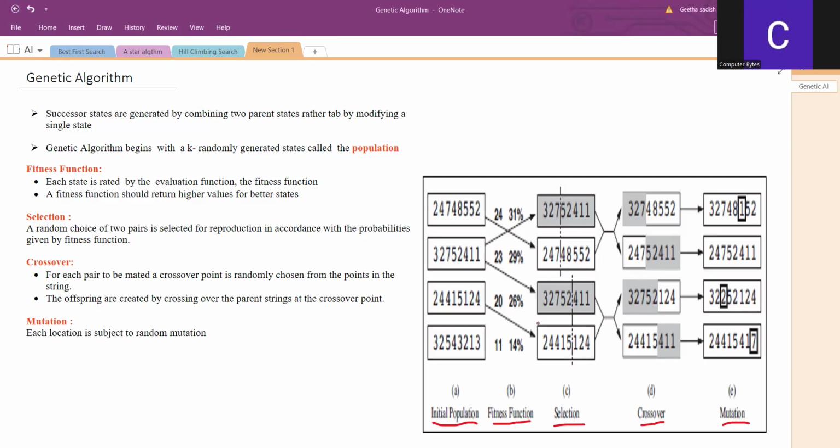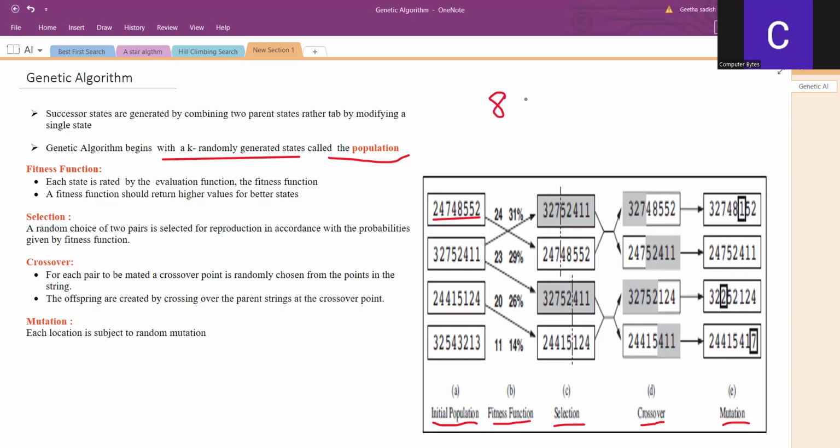Now we are going to see about the different stages. As I told you, the initial population is nothing but k randomly generated states. In this example, this digit string represents the 8 queens states in the 8 queens problem.